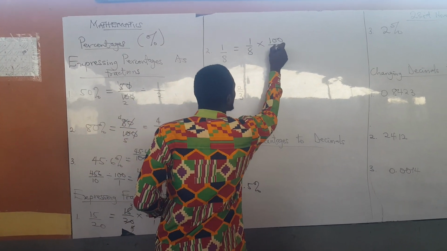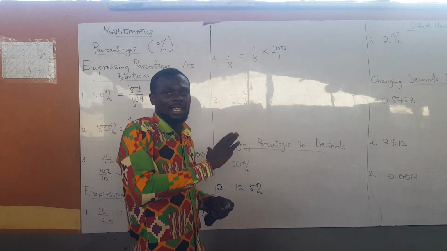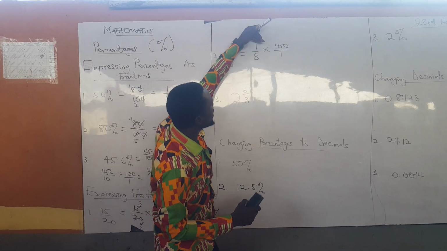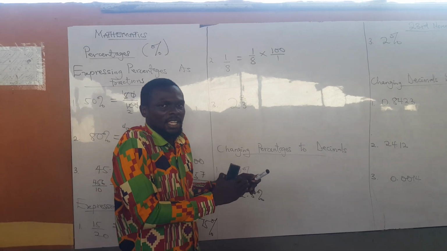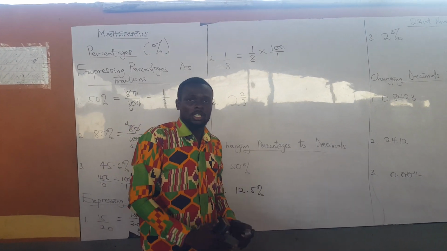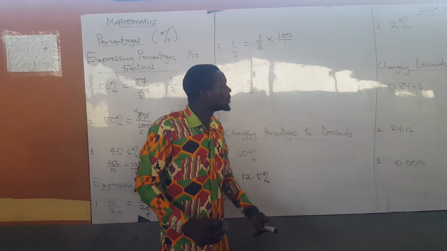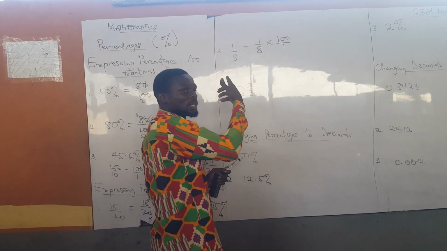Every whole number is over 1. Sometimes we have to do it like this for them to look alike, for us to get fraction times fraction. So 1 over 8 times 100 over 1. Check and see if you can cancel. Because if you cancel, it makes the multiplication easier. So I can cancel diagonally because we are multiplying.